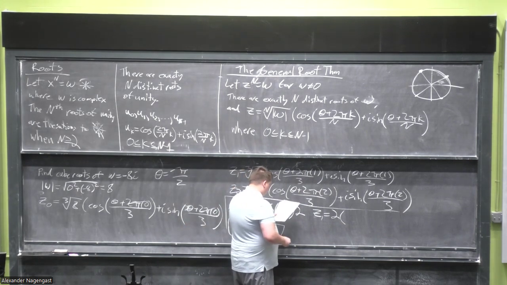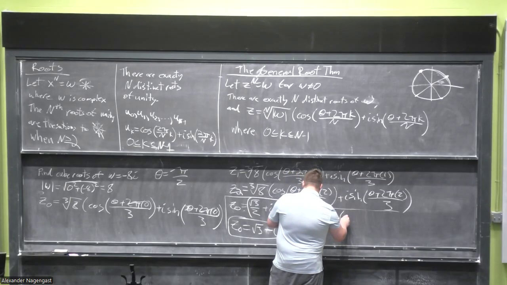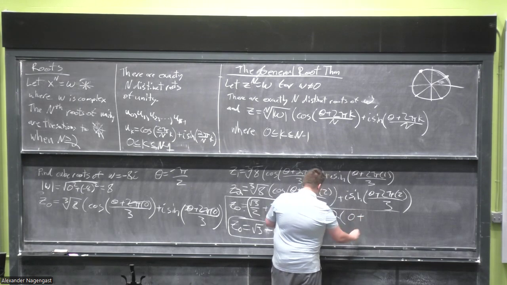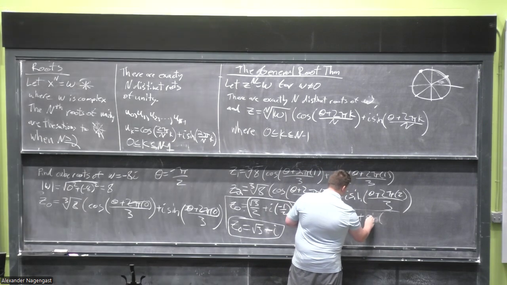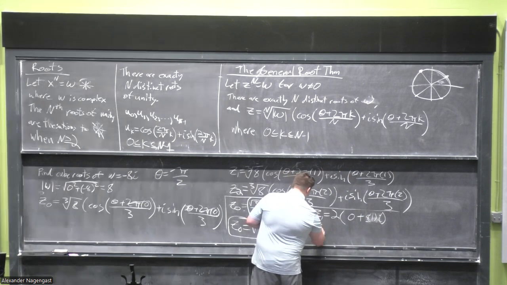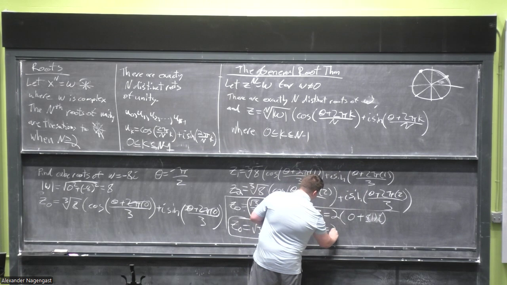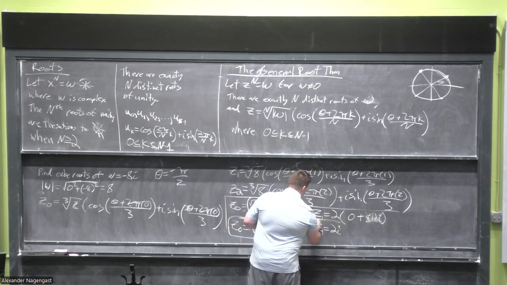We end up getting cosine of pi over 2, which is 0, plus sine of pi over 2, which is 1. So we're going to get just 1 times I. And z1 is equal to 2I.